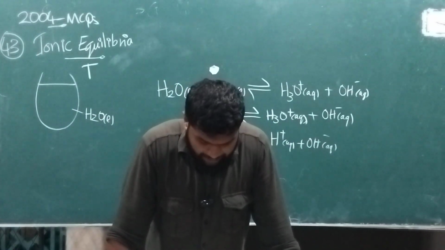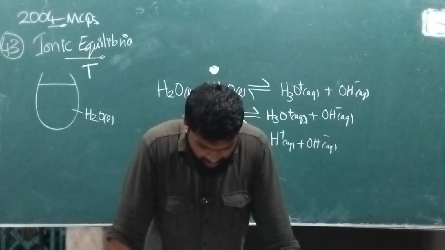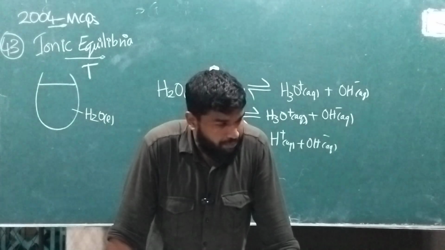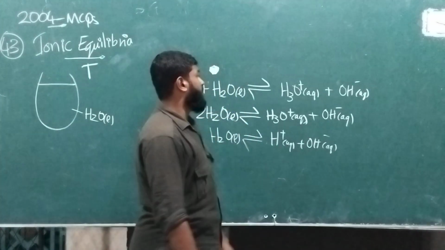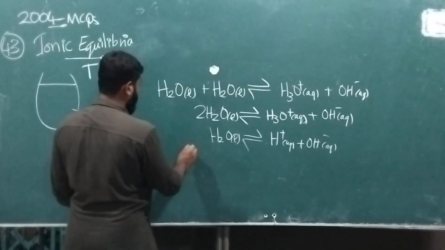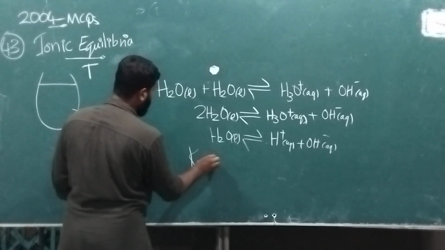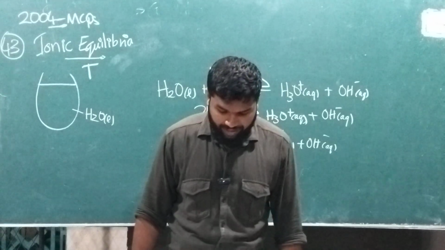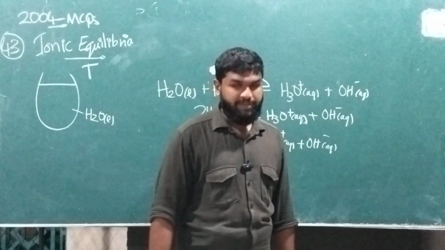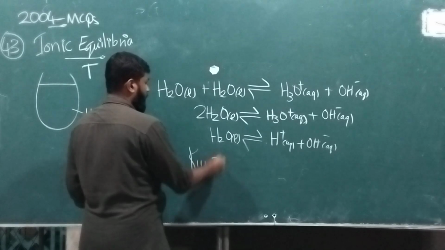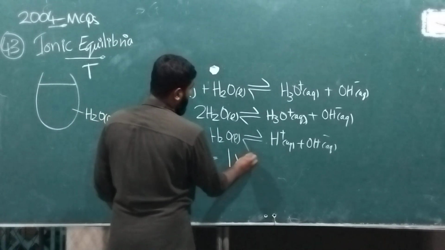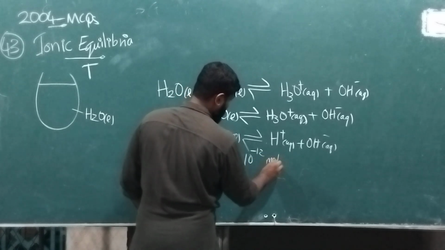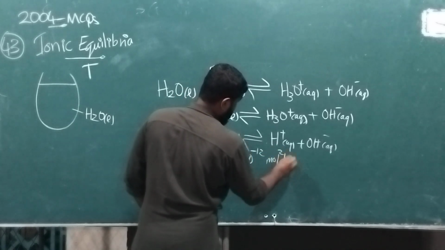So at a temperature T, the ionic product of water Kw is equal to 1 into 10 to the power minus 12 mole square decimeter minus 6.